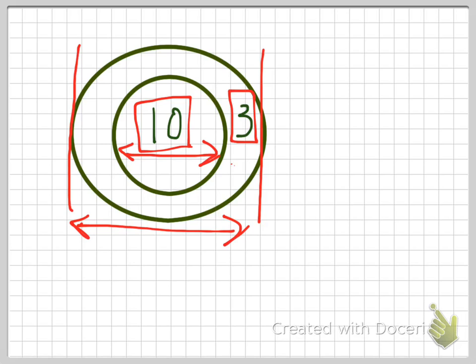Now the total includes the fountain itself, which is 10. It includes the 3 feet on this side for the walkway, but it also includes the 3 feet on this side of the walkway. So our total diameter for the fountain and the walkway is 16 feet.